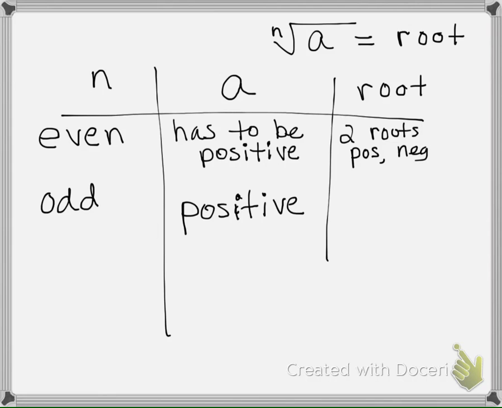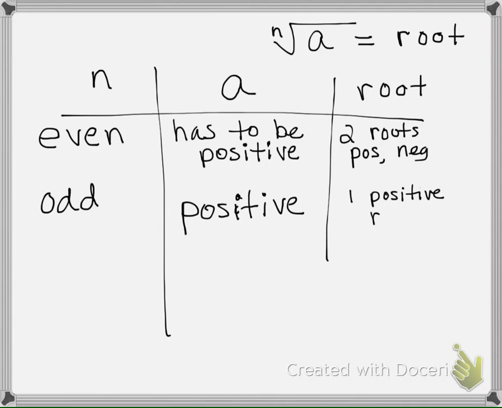Think about if you're doing the cube root of 8. Could it be both positive and negative? Well, let's think about it. What if we're saying it's both? So let's do 2 times 2 times 2. Does that equal 8? Okay, so it could be positive. What if it's negative 2 times negative 2 times negative 2? Does that equal positive 8? No. So it's only 1, and it's positive.